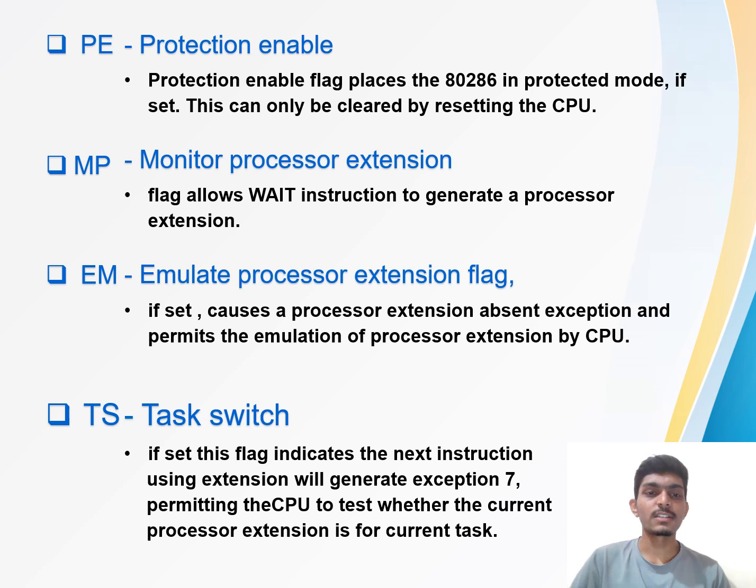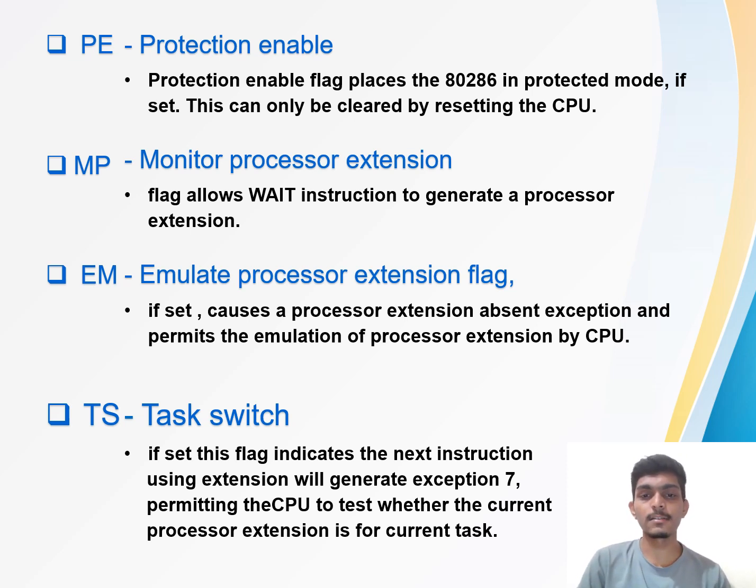P, protection enable. The protection enable flag places the 80286 in protected mode if set. This can only be cleared by resetting the CPU. MP, monitor processor extension. This flag allows the WAIT instruction to generate a processor extension exception. EM, emulate processor extension flag.